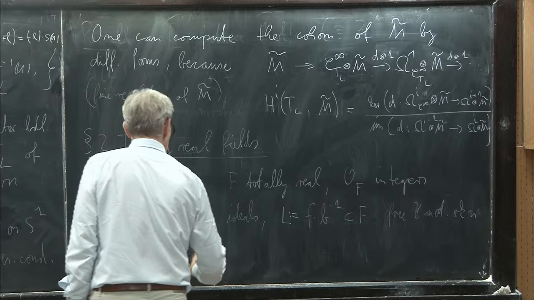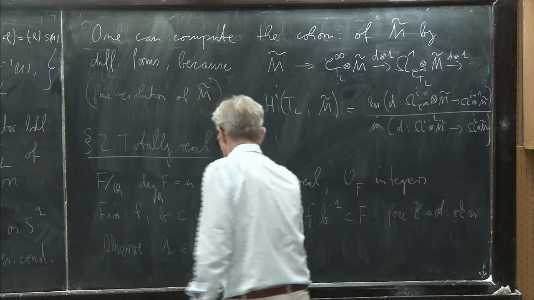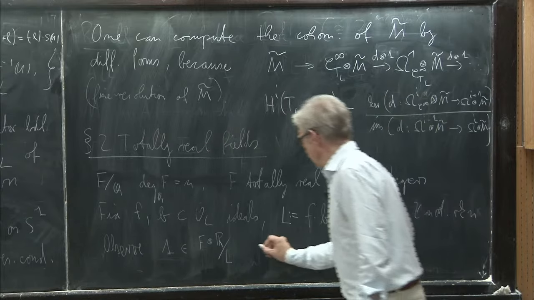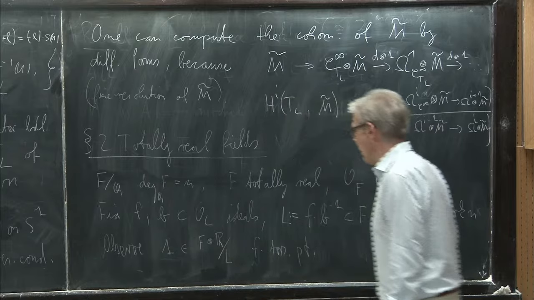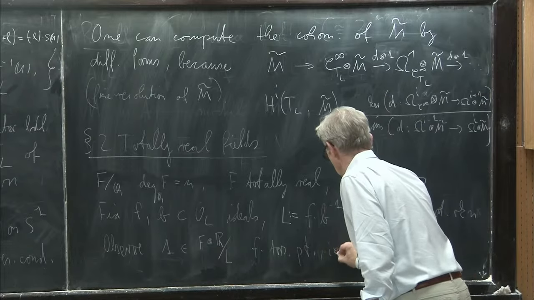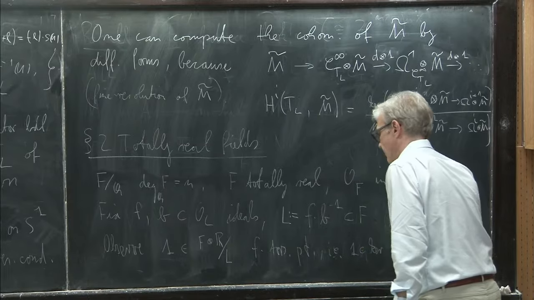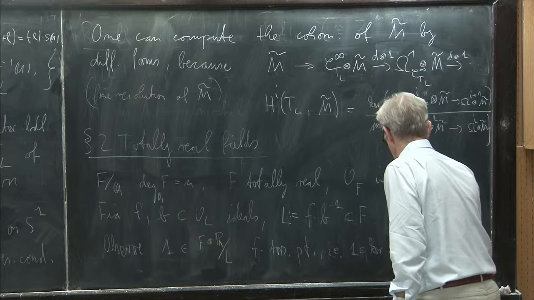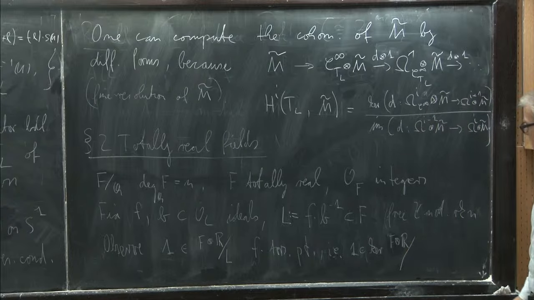And then we observe that the element 1, which is in the field F tensor R, divided by this L, that is an f torsion point. And this means it is in the kernel of the following map. So you take this real vector space, F tensor R. This is just an R to the n.